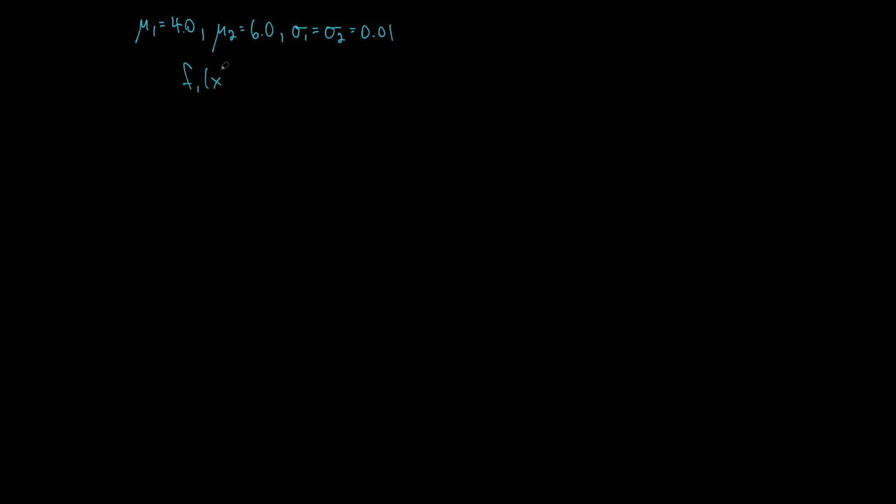So as we've seen before, the probability density function for the normal distribution is 1 over 0.01 times square root of 2 pi, because it's sigma times square root of 2 pi, times e to the minus x minus mu1, which is 4, squared over 2 times sigma squared, so that's 0.0002.